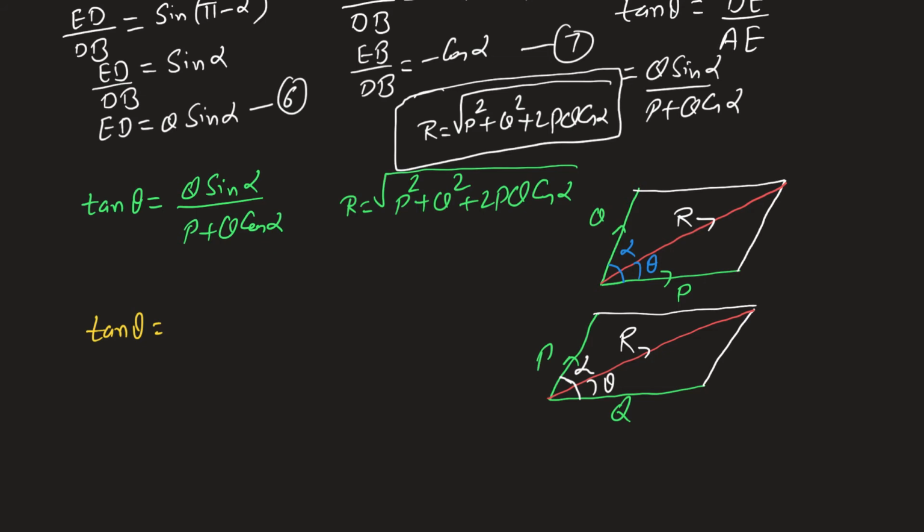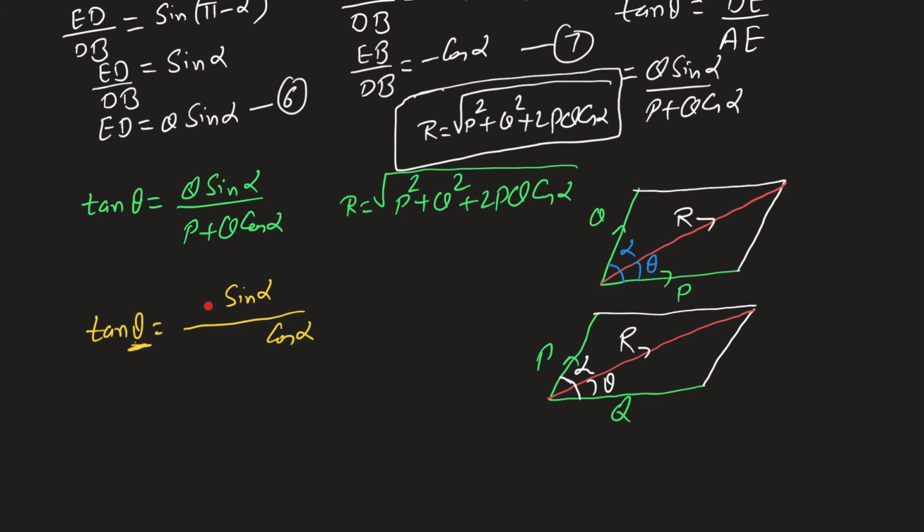So here sin alpha will remain the same, cos alpha will remain the same. Now I have to fill out the details. Theta is the angle that it is making with Q.